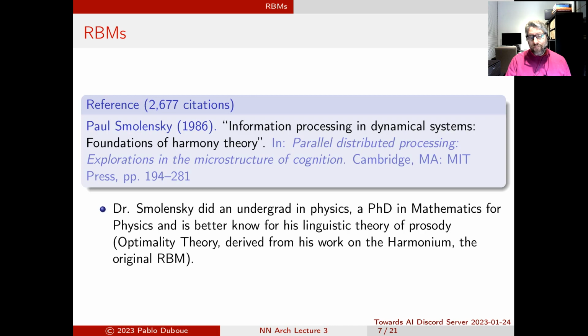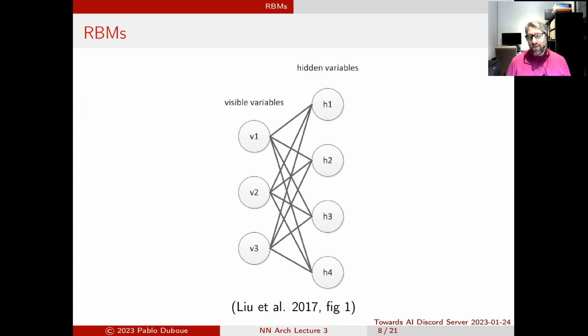In these constructs, what we have is a system of two layers of neurons, and there are no connections within each layer. So we have visible variables and hidden variables.